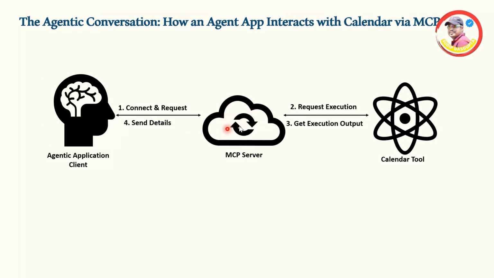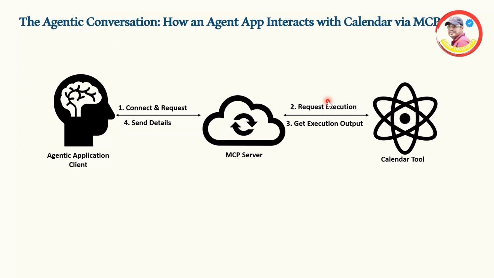So the MCP server requests the calendar tool, in this case it asks for the date, right? The calendar tool executes some function and returns the date to the MCP server, and the MCP server sends the date to our agentic application. So on the whole, this is how the architecture will look like.